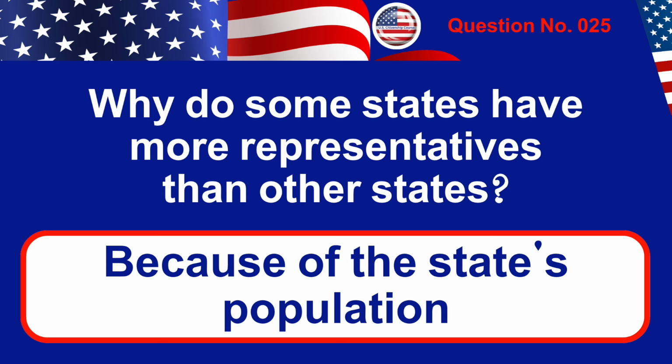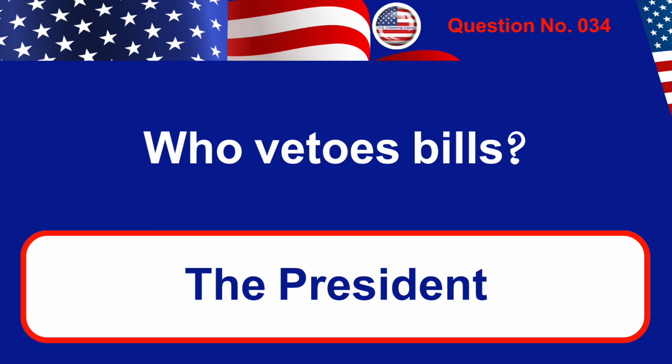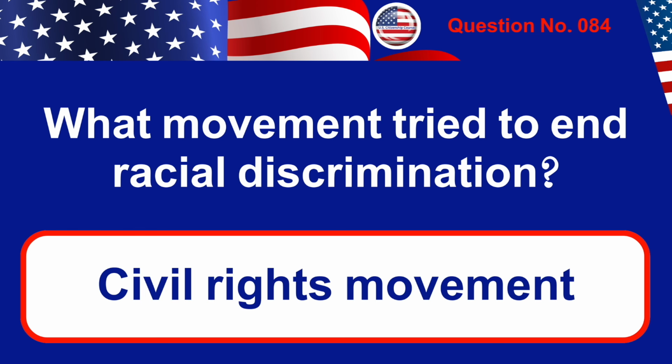Because of the state's population. Who vetoes bills? The president. What movement tried to end racial discrimination? Civil rights movement.